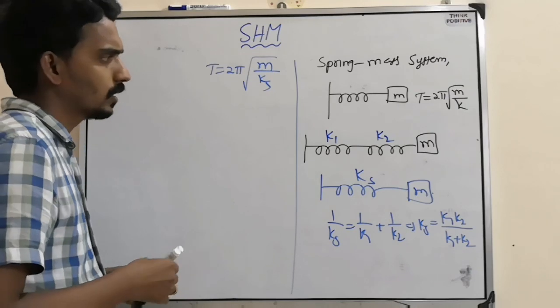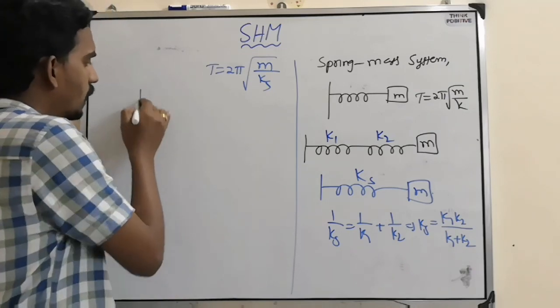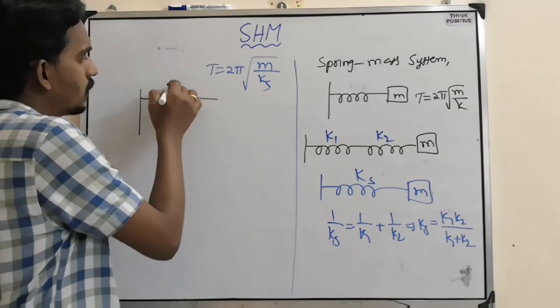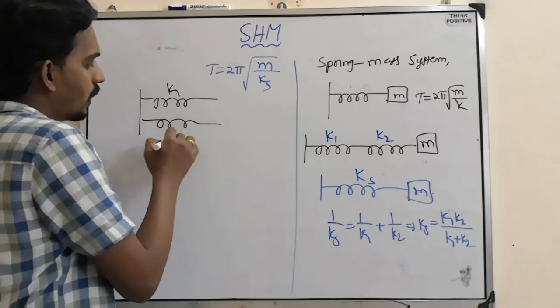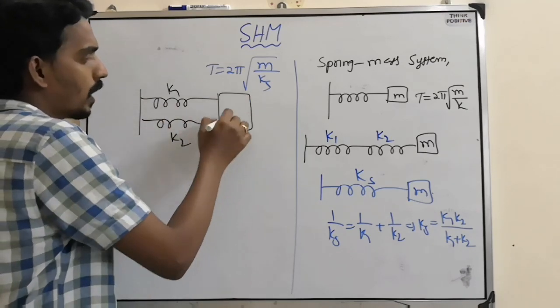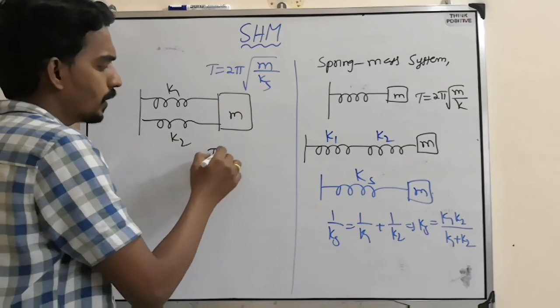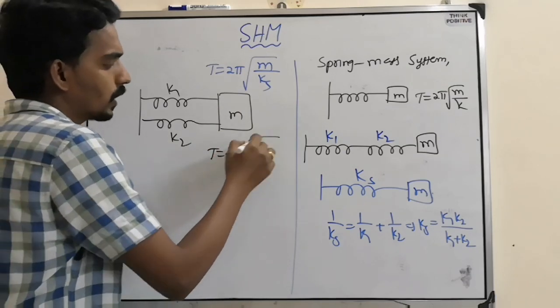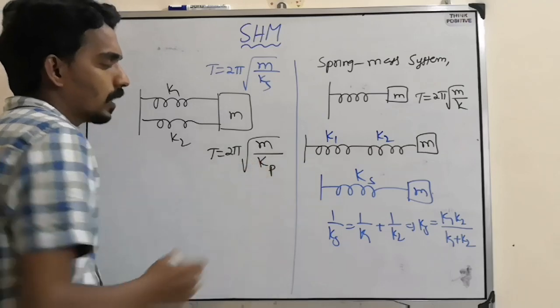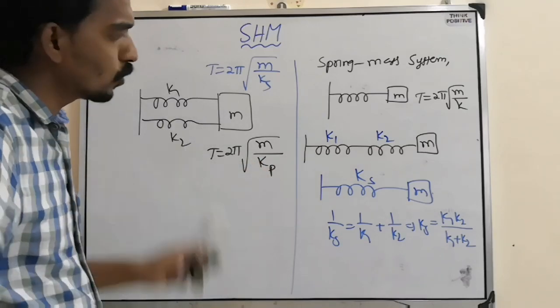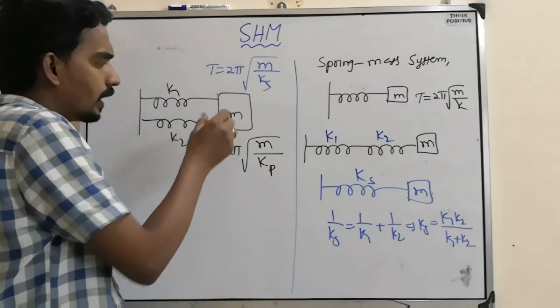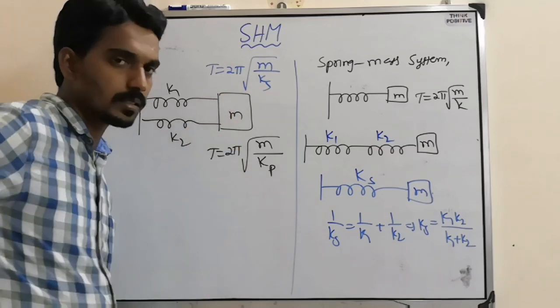That's it. If sometimes they have given like this, K1, K2 connected to a mass m, then the time period is 2 pi root m by K parallel. Here also two springs are connected, but they are connected individually to the mass.